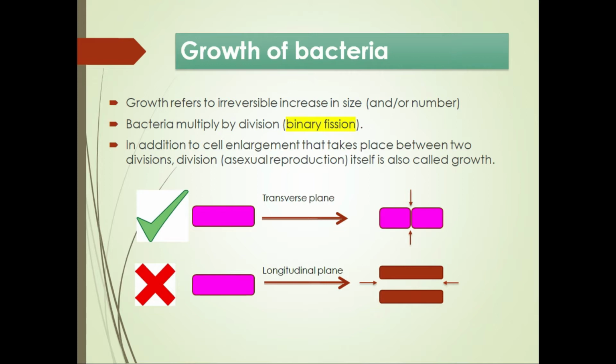Now how does the growth occur? Say here in this case we have one bacterial cell and it divides into two, and this plane of division is transverse. Bacteria divide in the transverse plane, not in the longitudinal plane as shown in the diagram below.